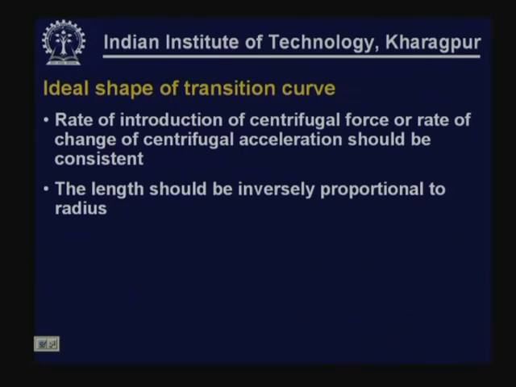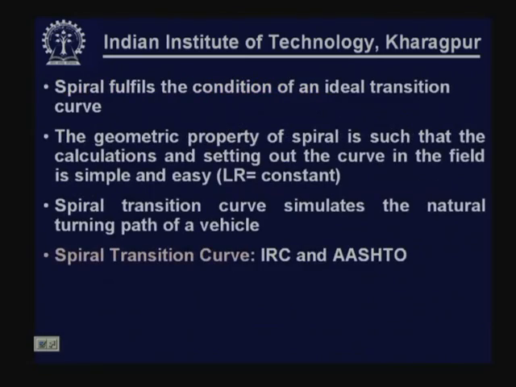Now, one can clearly see that it is only the spiral curve which fulfills the condition of an ideal transition curve, because radius is inversely proportional to length, or length is inversely proportional to radius. Therefore, the rate of change of centrifugal acceleration will be consistent for a spiral, which is the requirement for an ideal transition curve.